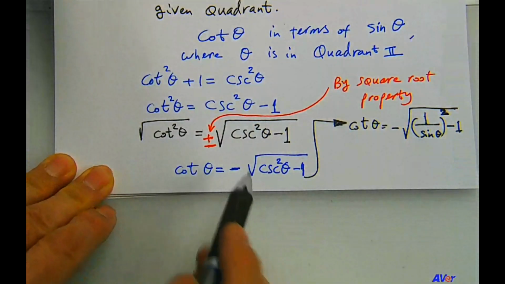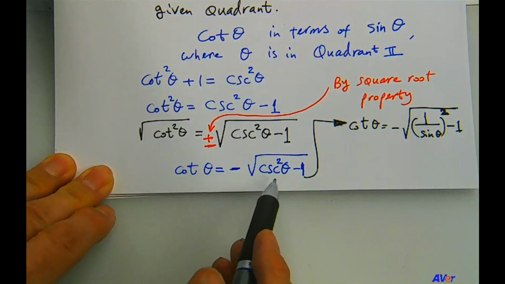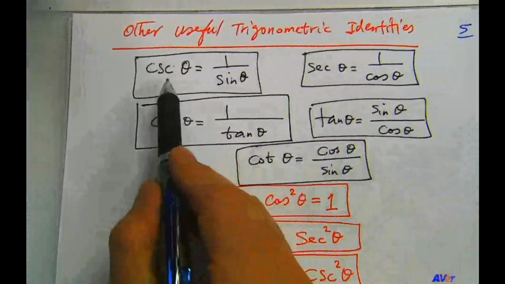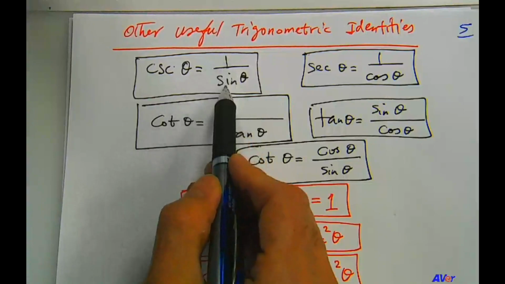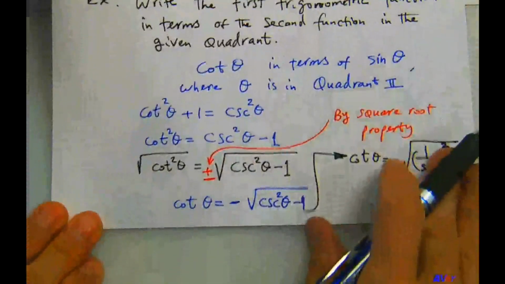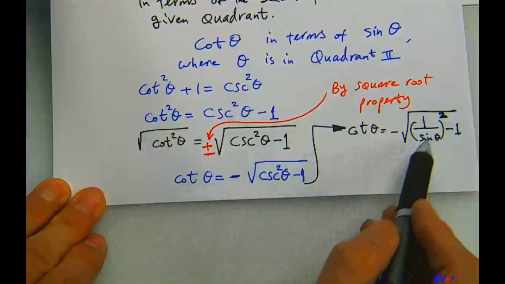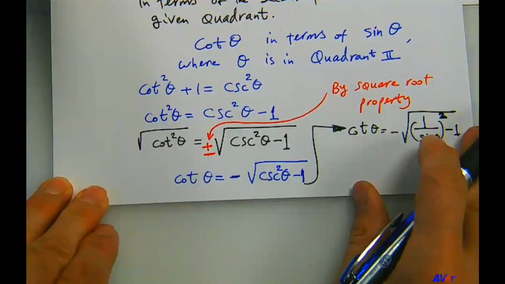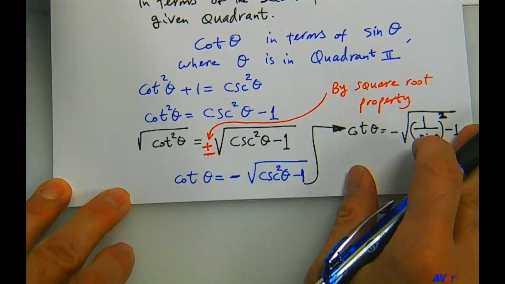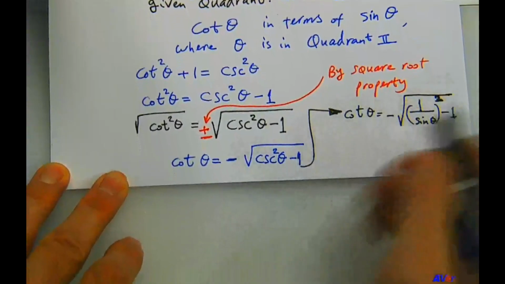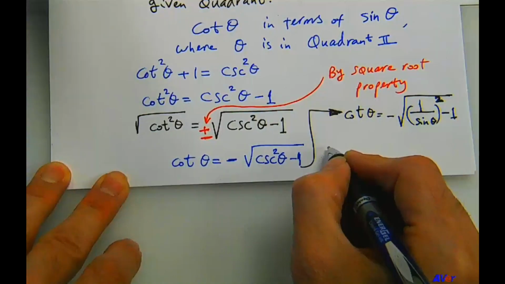Right? Because cosecant, you know that, right? We had it right here. We have it on this page. Cosecant of theta is equal to 1 over sine theta. So let's substitute for cosecant theta here with 1 over sine theta squared. So now we have, let's simplify this answer.